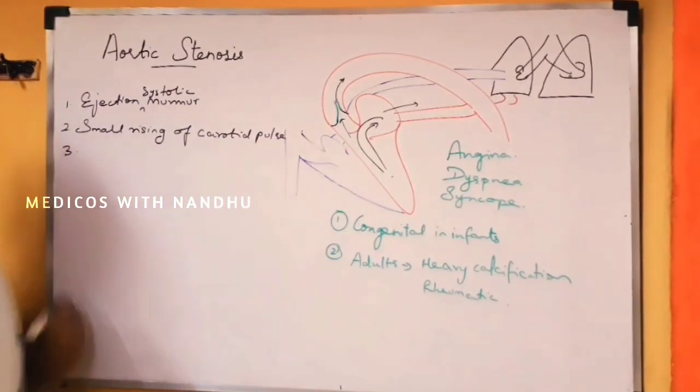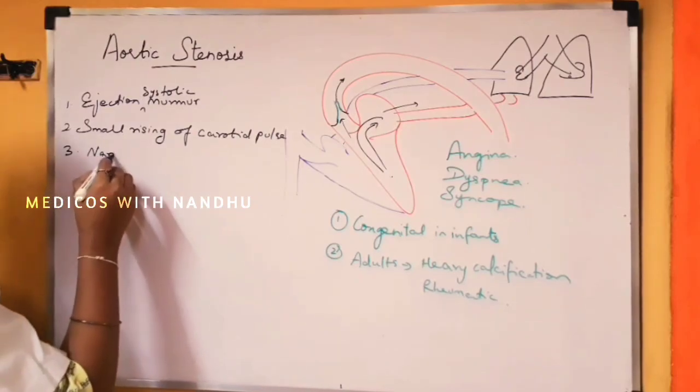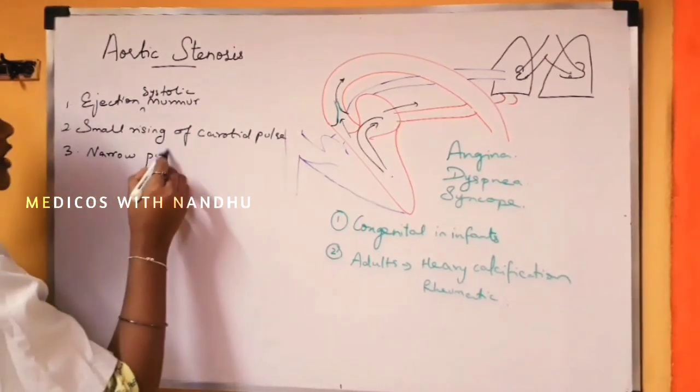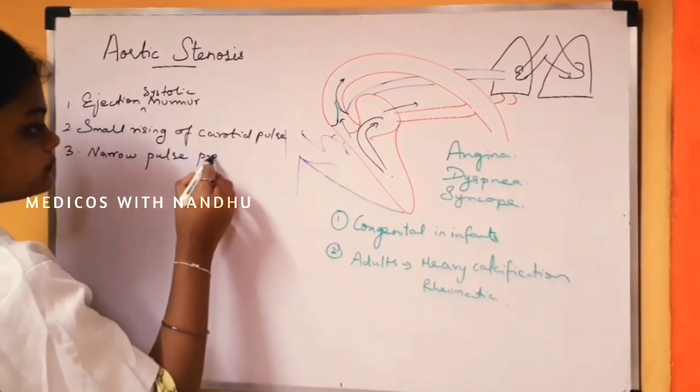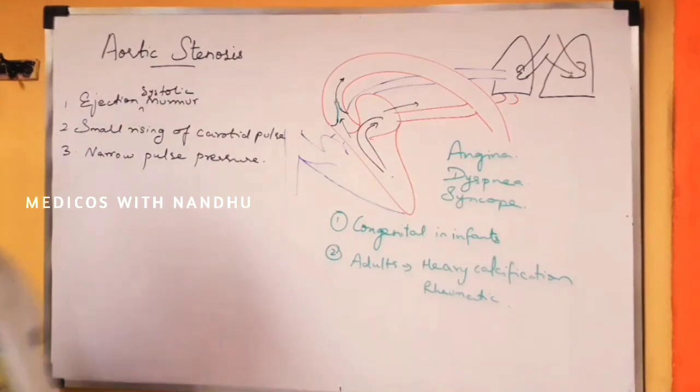And we have narrow pulse pressure, which will be seen here. So these are the signs of aortic stenosis.